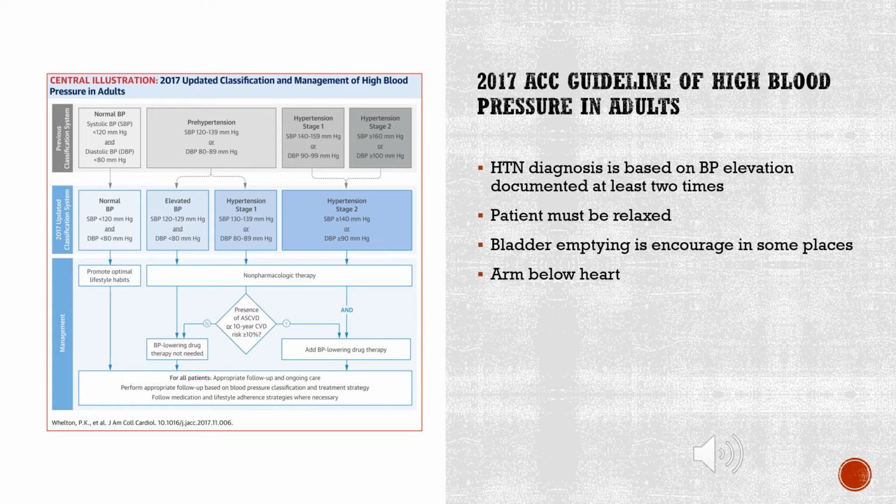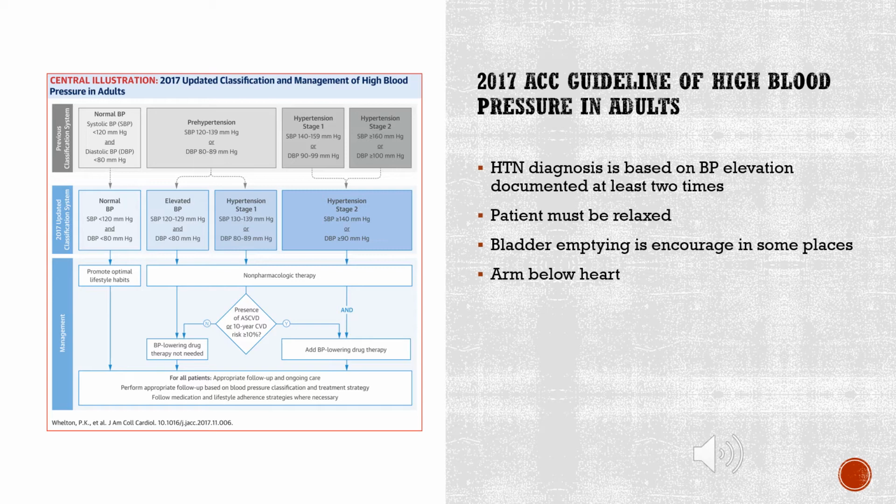When we're assessing blood pressure, we want to make sure that it is documented at least 2 times. This can be taken in hospital or outpatient therapy. We want to make sure the patient is relaxed because anxiety increases blood pressure.